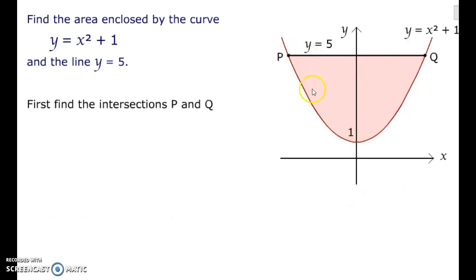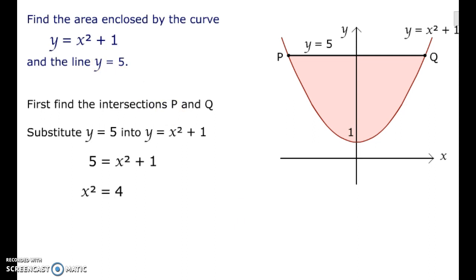First, we would like to have the p and q values, the x coordinates, because we are taking limits on the x-axis. These are actually the points of intersection. Both are equal to y, so we can substitute 5 into x squared plus 1, which will give two values of x.